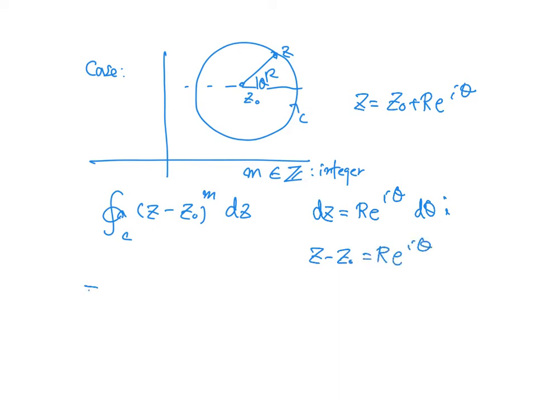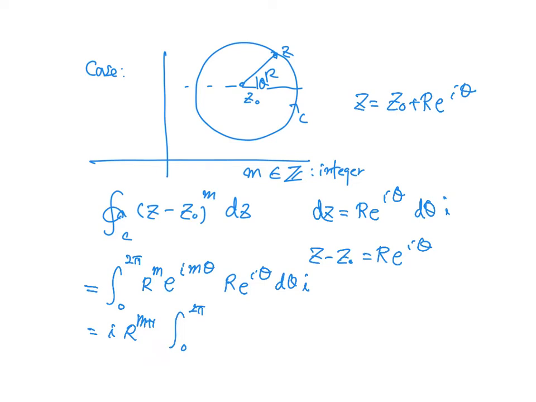So this integral is actually the integral from 0 to 2 pi of r to the m exponential I m theta times r exponential I theta d theta I. So I times r to the m plus 1 exponential I m plus 1 theta d theta.